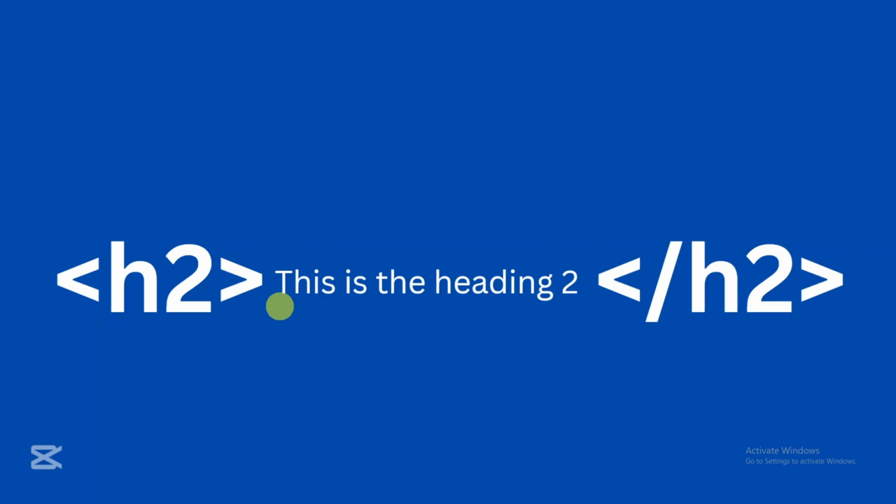So to use an H2 in structuring the text on your web page, it will follow the same process. You would write your opening H2 tag, the closing H2 tag, and then the content to be displayed will be here. In this case, this is heading 2.